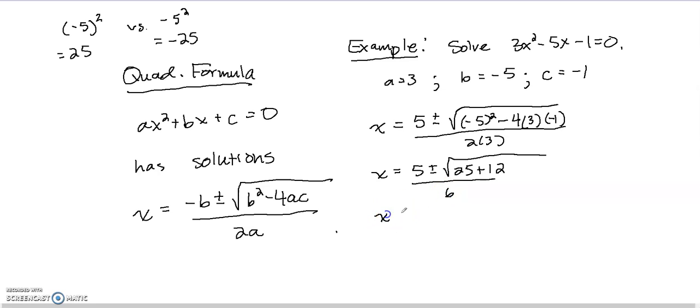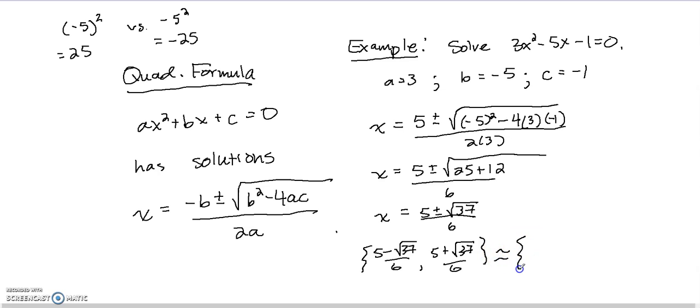And then we end up with x equals 5 plus or minus the square root of 37 over 6. And those would be your two answers. So again, we could write them as 5 minus the square root of 37 over 6, and 5 plus the square root of 37 over 6.